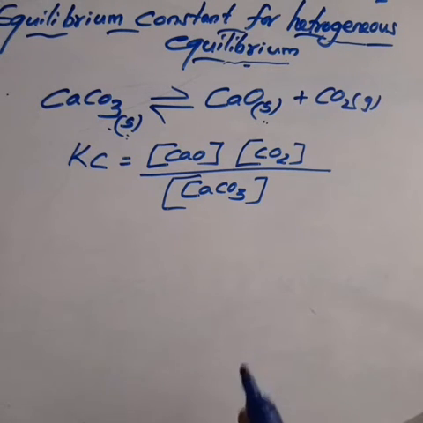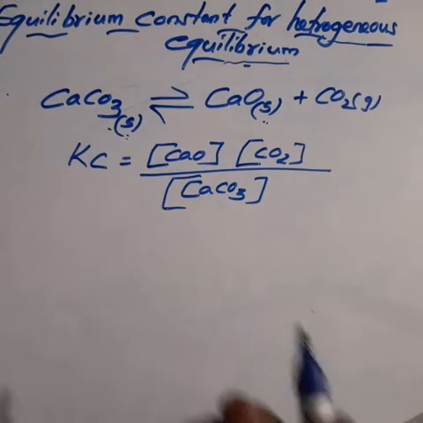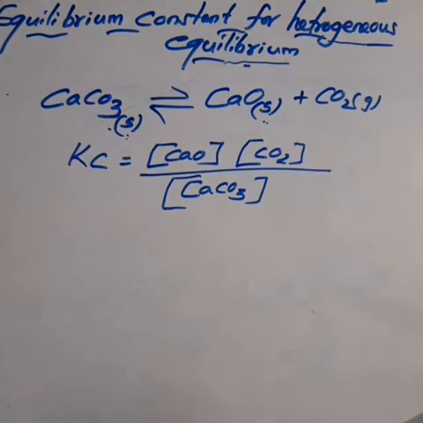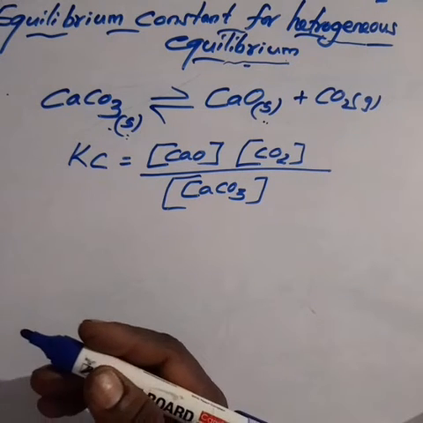A pure solid always has the same concentration at a given temperature and it does not expand to fill its container. The concentration of a pure solid is a constant. Don't forget, the concentration of a pure solid is a constant.